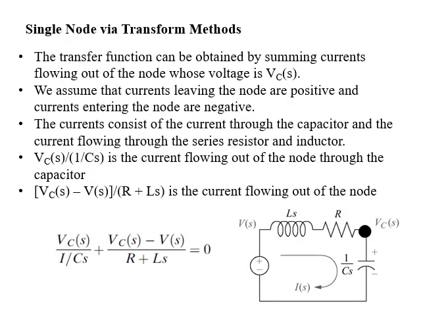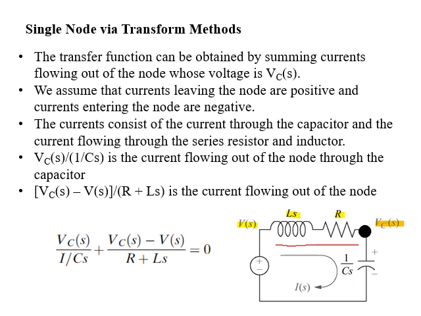Dear students, the last method is the single node transform method, through which we will find our desired transfer function Vc of s over V of s. For this, we assume that we have a node Vc of s. The current entering the node is equal to the potential difference between the nodes divided by impedance, which is Vc of s minus V of s divided by the impedance of resistor and inductor.